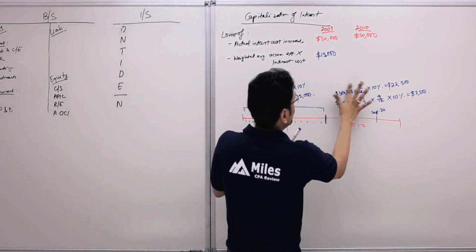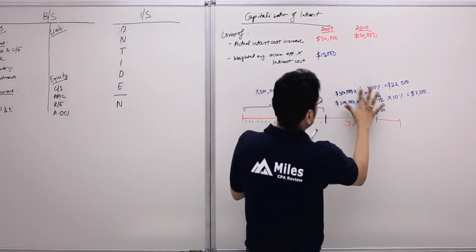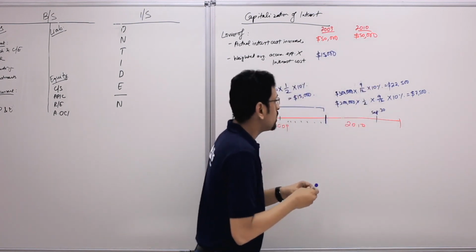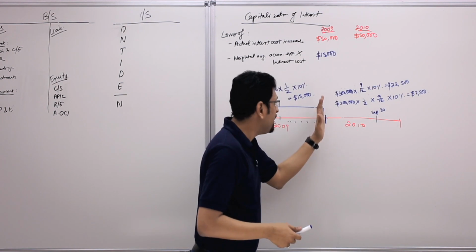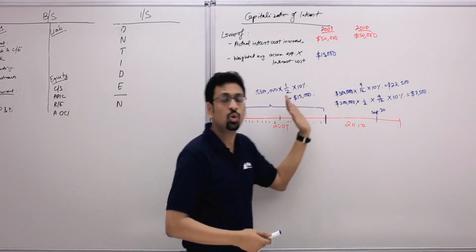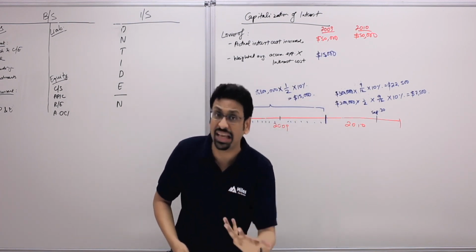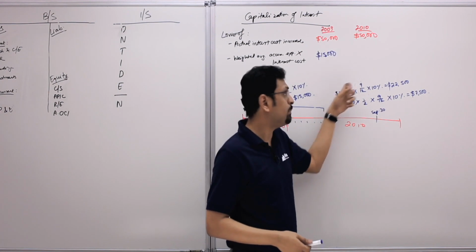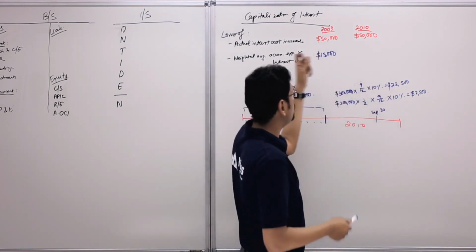Now for the next year, we are looking at $300,000 times 9 by 12. Why? Because the $300,000 was already incurred in 2009, so it remains incurred for 2010 until construction is complete. When is construction completed? September 30th. So 9 by 12 times 10% is your interest cost.